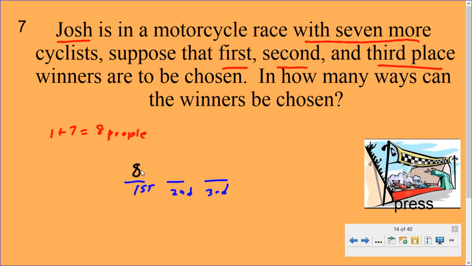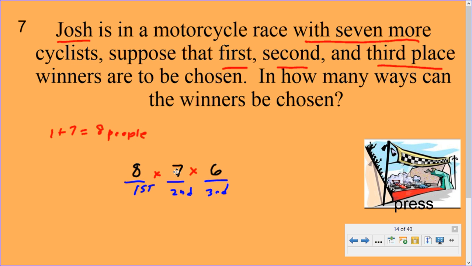And if one person came in first, then that leaves 7 people to come in second. And if somebody came in first and somebody came in second, then that leaves 6 different people to come in third. And if you remember, when we have all of those different choices coming together, the counting principle tells us that we multiply, multiply, multiply.